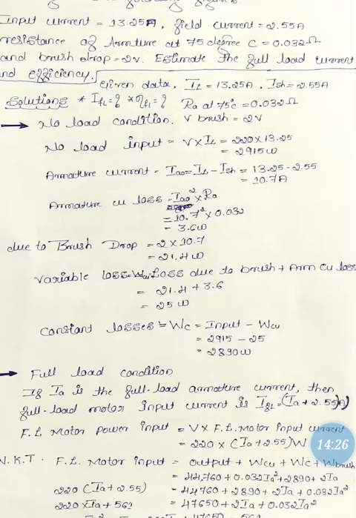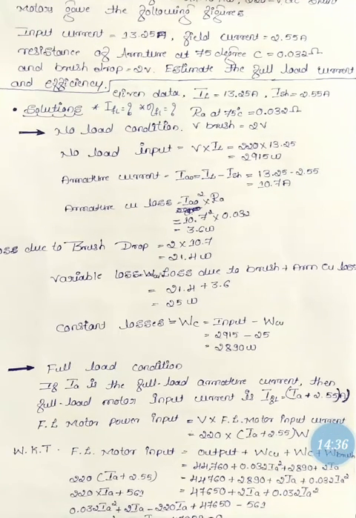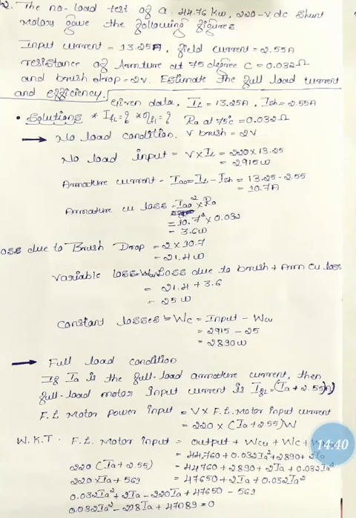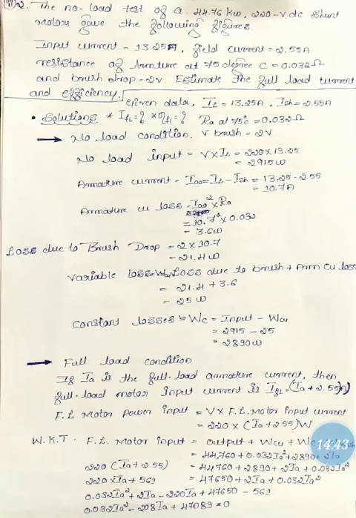Then full load motor power input is calculated as the product of voltage into full load motor input current, that is 220 into Ia plus 2.55 watt. Then we know that the full load motor input is the output plus the copper loss, the constant loss and the brush loss.